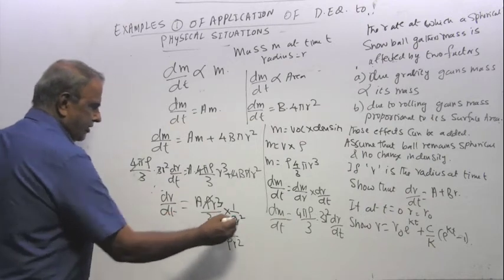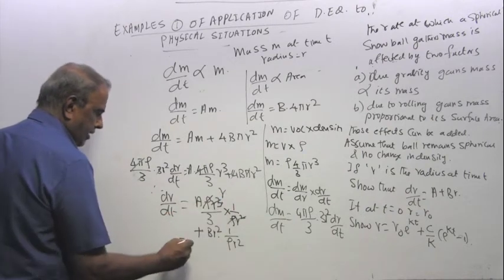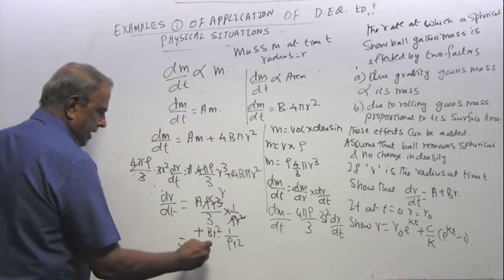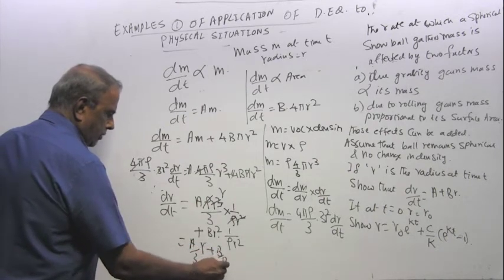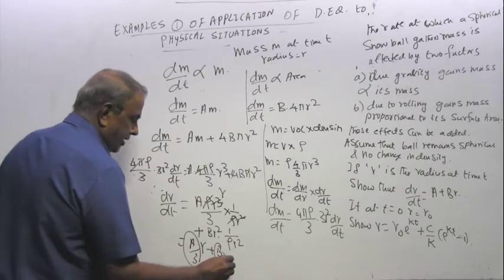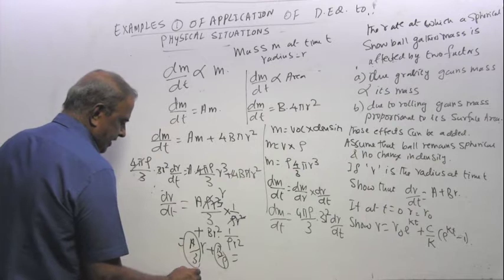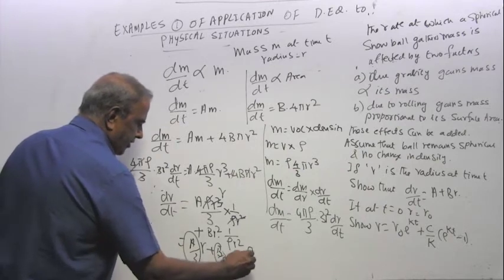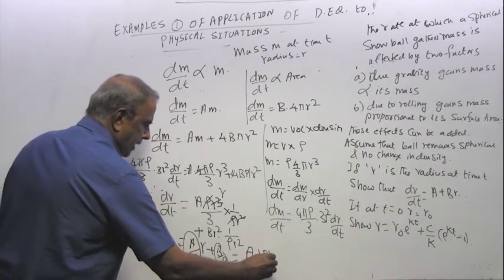Rho and rho cancel, r squared and r cubed gives you r. So it's a over 3 r plus b over rho. A over 3 is a constant, b over rho is a constant. So I can say they call it a plus br.